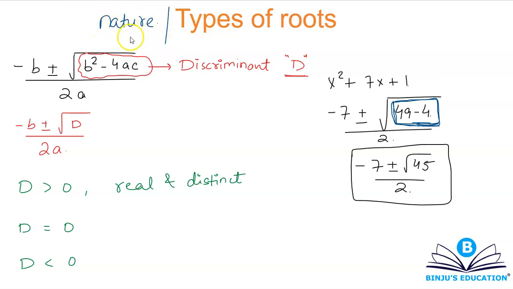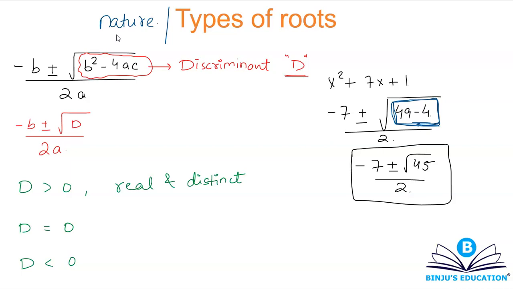Sometimes we use that term, nature of the roots. So the nature is the roots are real and distinct. Alright. So whenever your discriminant is greater than 0, you don't even have to calculate the roots, just calculate the discriminant. If your discriminant is positive, you can say that the nature is real and distinct.